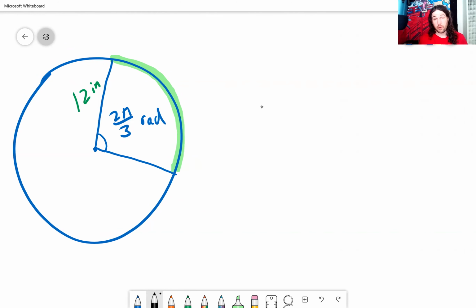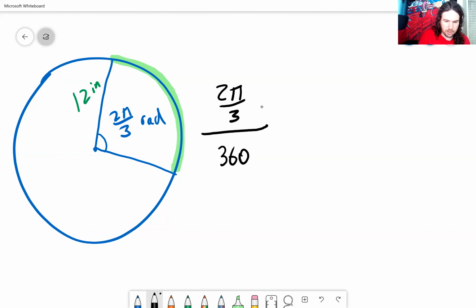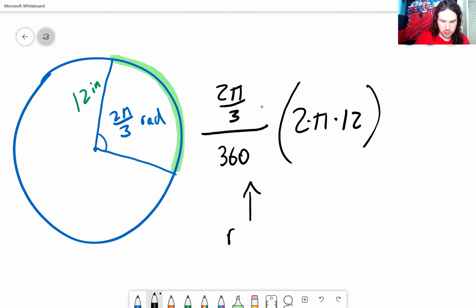Now, originally, when we had degrees, we would have taken our angle and we would have divided it by 360. And then we would have multiplied that by 2 times pi times the radius. Right? It was the ratio times the circumference.